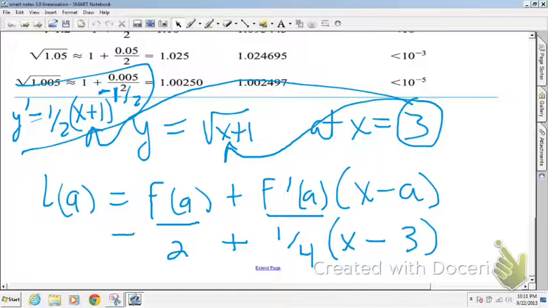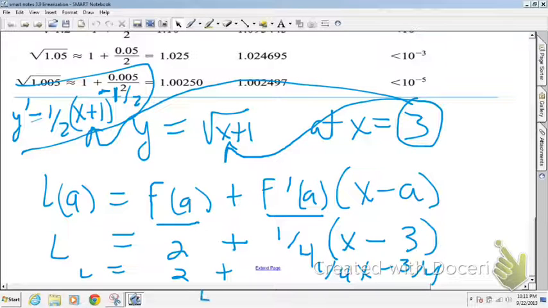Okay. So now if I crunch this out, I'm going to have 2 plus 1/4 x minus 3/4. But you want to keep cleaning that up. So 2 minus 3/4 is 1.25, which is 5/4.